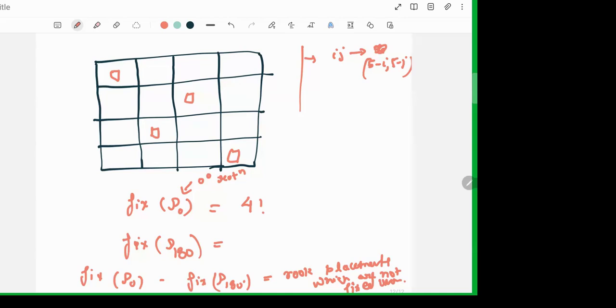So let's see what the possible positions are which are fixed under 180. What positions should we put if we want to fix 180, right? So in the first row, I put any of the four slots as choices.